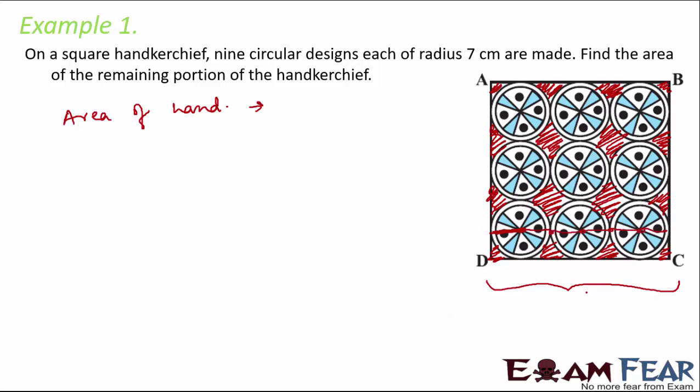So each side will be equal to 6 into r, that is radius. Therefore each side will be 6r, and 6r whole square will be the area of the square. So this would be 6 into 7, that is 42, into 42 centimeter square. So that's the total area of the handkerchief.